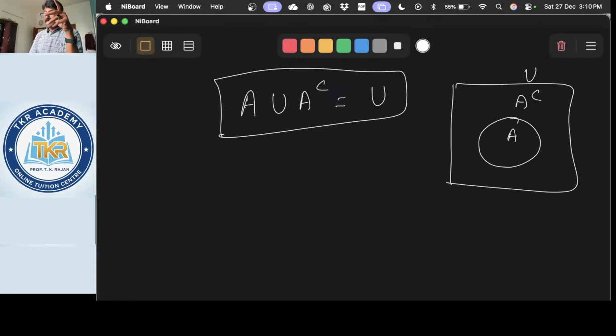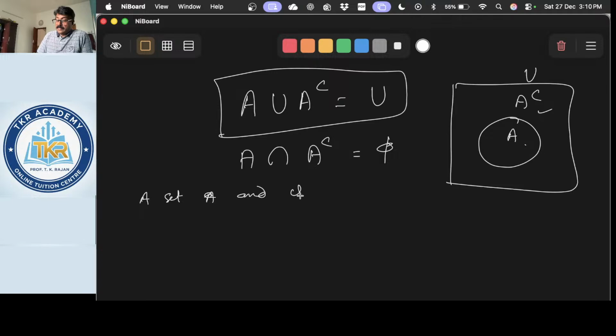A union A complement is U. At the same time, A intersection A complement is equal to the empty set. There are no common elements in A complement and in A. That is, a set A and its complement are disjoint.